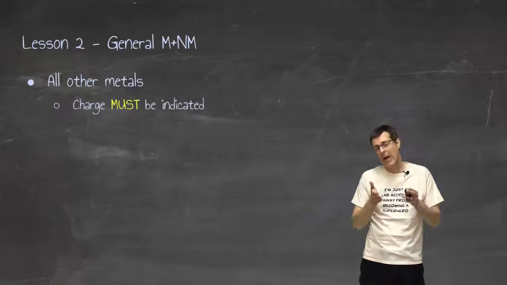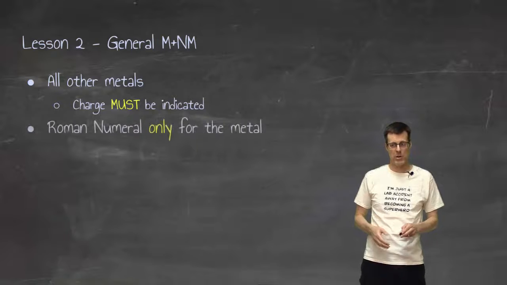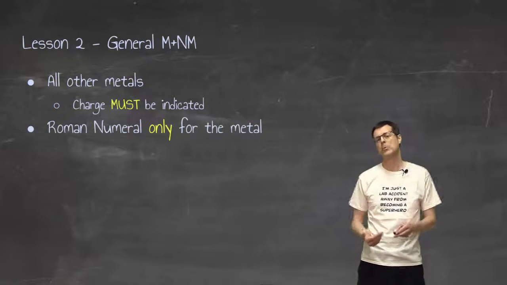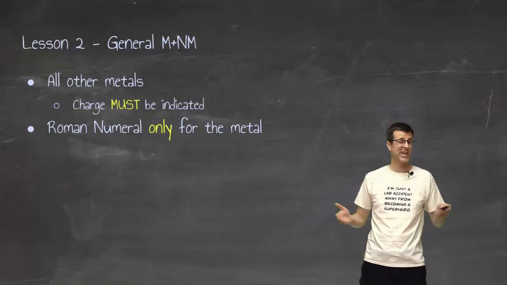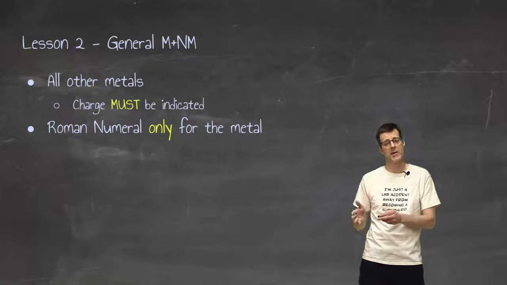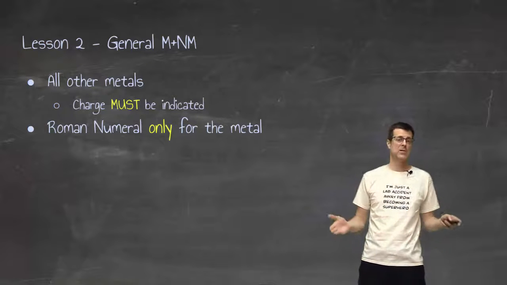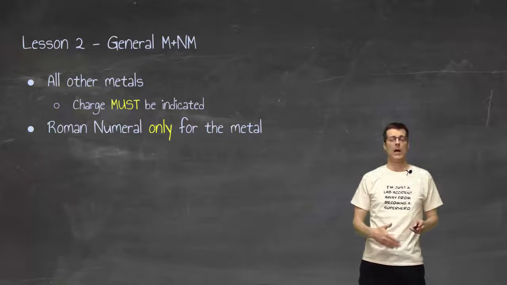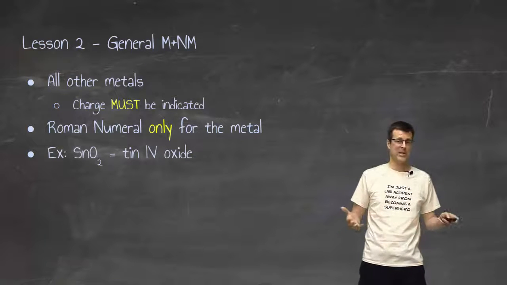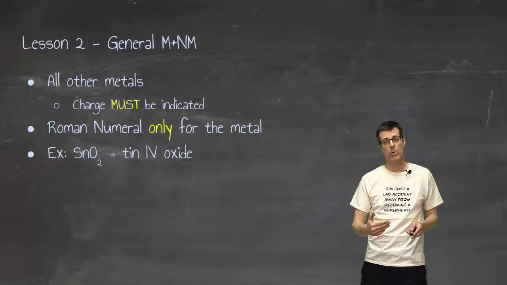Moving on though, when we get to other metals where we need to have some way to indicate charge, the charges must be indicated. We started out learning a Roman numeral system for doing that, and that still works. That Roman numeral only applies to the metal. It's only used for the metal because non-metals always have a reliable charge. So if you saw this compound, SnO2, it would be tin(IV) oxide.